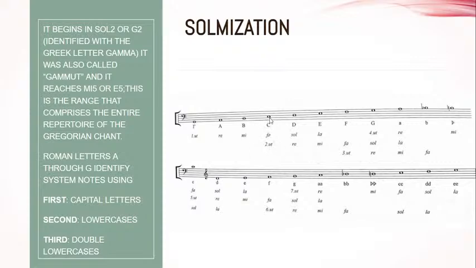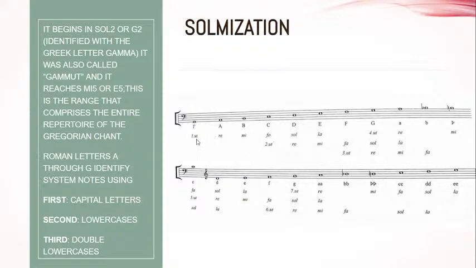C is ut, re is D, mi is E, fa is F, sol is G, la is A. So this was called the natural one. And it was all about where the semitone was. The semitone has to be from the third to the fourth, from mi to fa, from E to F.